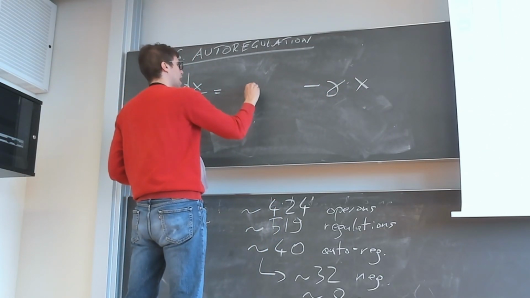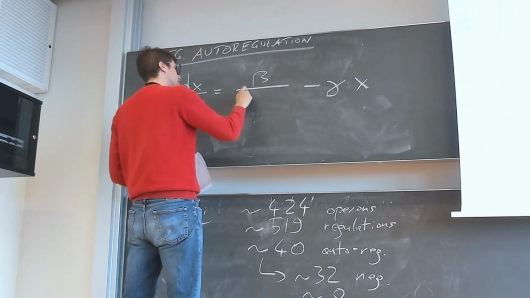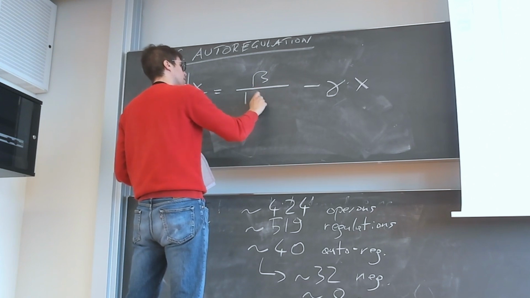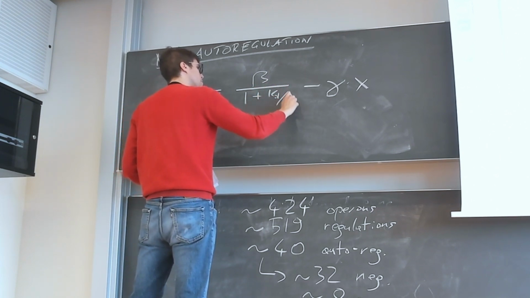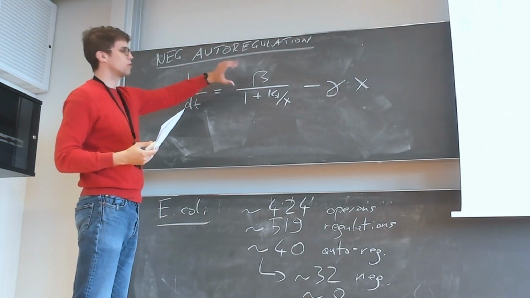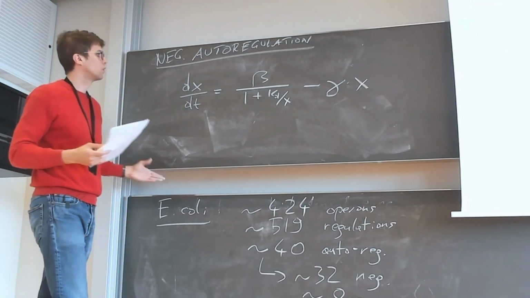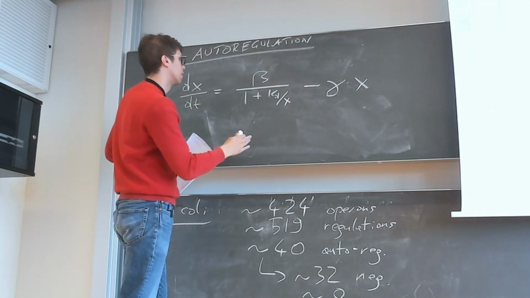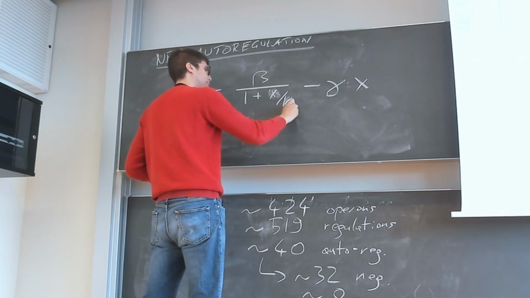And now we have our production rate beta, but we negatively autoregulate this. So the more X that we have, the less production rate we will get. This is X over KD, thank you.